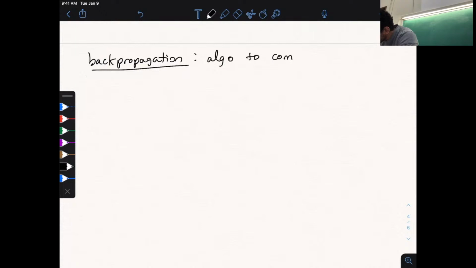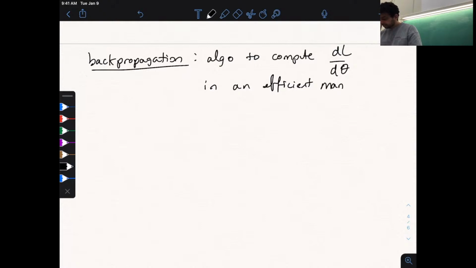To compute the gradient of L with respect to theta, it allows us to compute it in an efficient manner, as we will see. A critical property of backpropagation is that it relies on the chain rule of calculus.